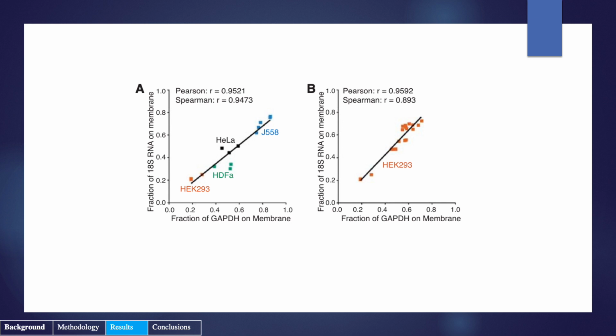So this is another figure that really pushes their hypothesis to being correct, that these cytosolic mRNAs do associate with the membrane-bound ribosomes on the endoplasmic reticulum.